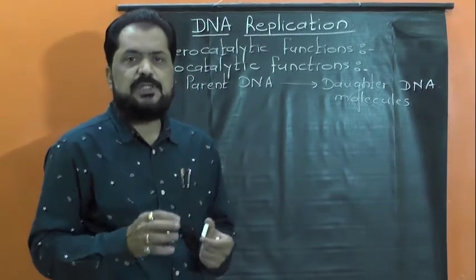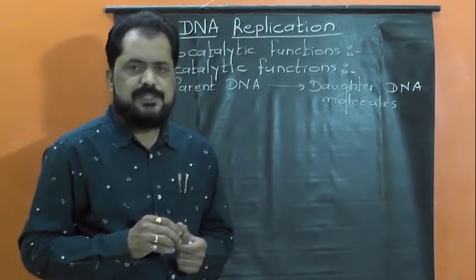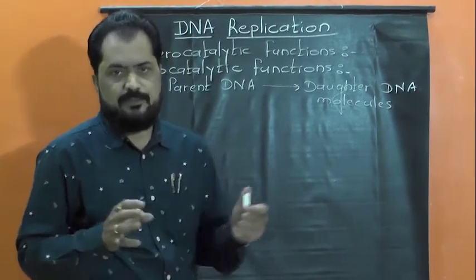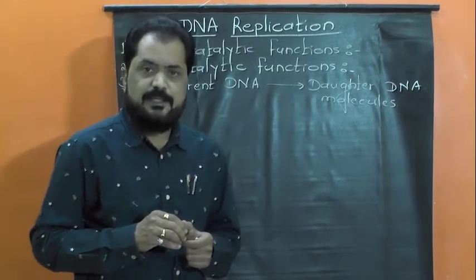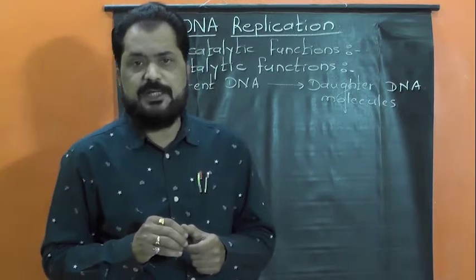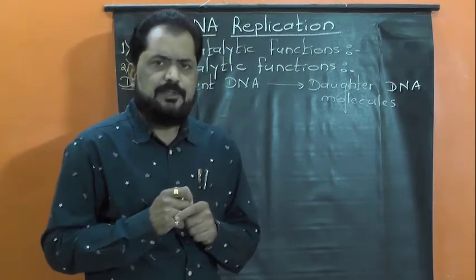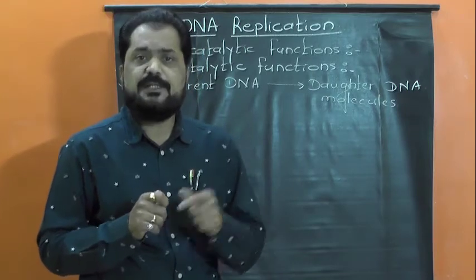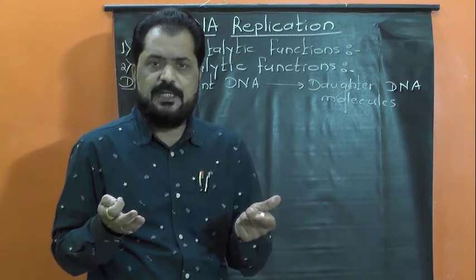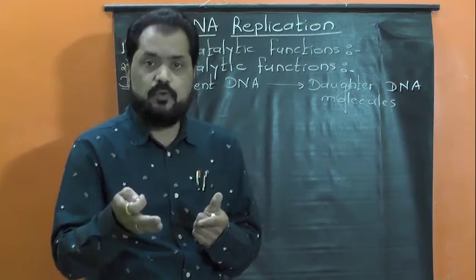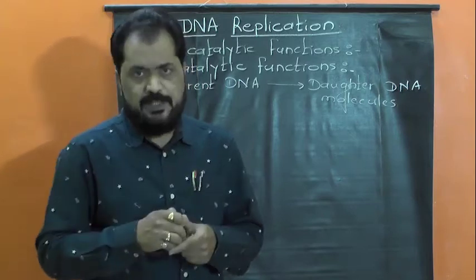Now, the process of DNA replication in eukaryotes was first discovered by those great scientists Watson and Crick in the year 1953. Let me tell you that replication takes place in the nucleus, because the DNA is present in chromosomes and chromosomes are present in the nucleus of the cell.